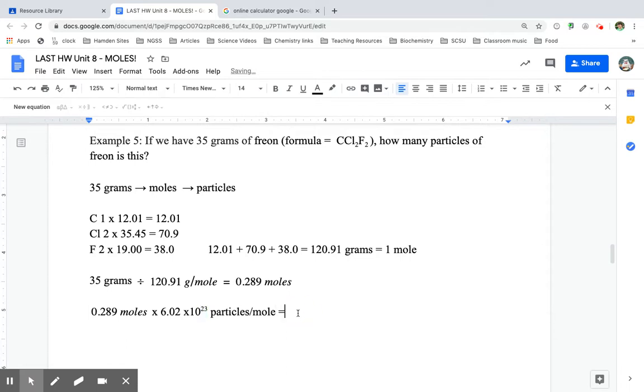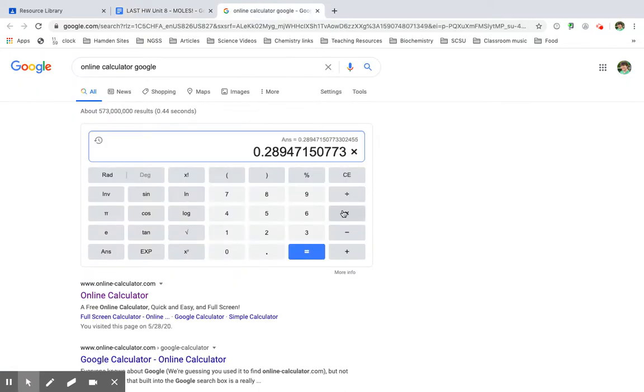Right, so now I can take this 0.289 and multiply it by Avogadro's number. So 0.289 times 6.02 times 10 to the 23rd, and we get 1.74 times 10 to the 23rd.